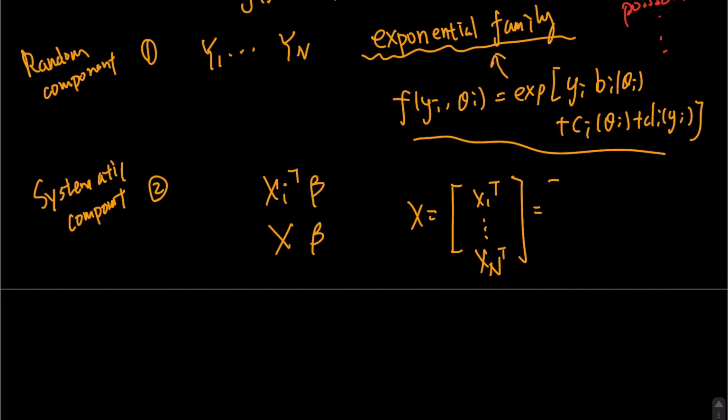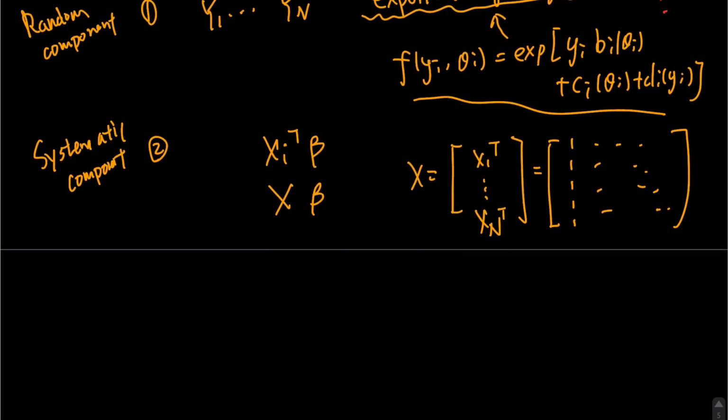And sometimes if we include an intercept, the first column of X, the design matrix, will be ones, and then the rest are the observed x values. All right, that's the systematic component.